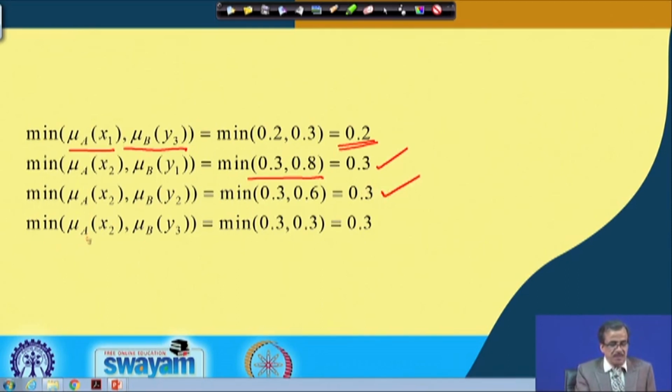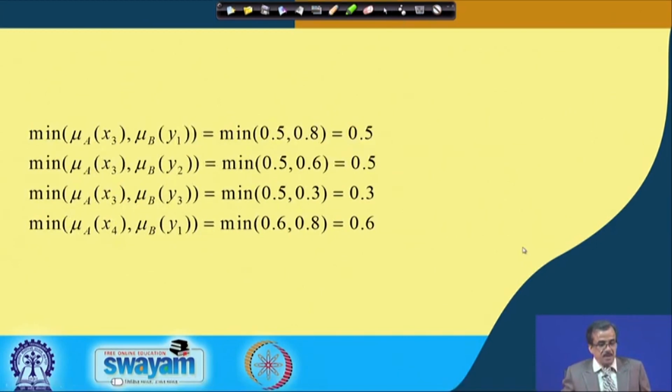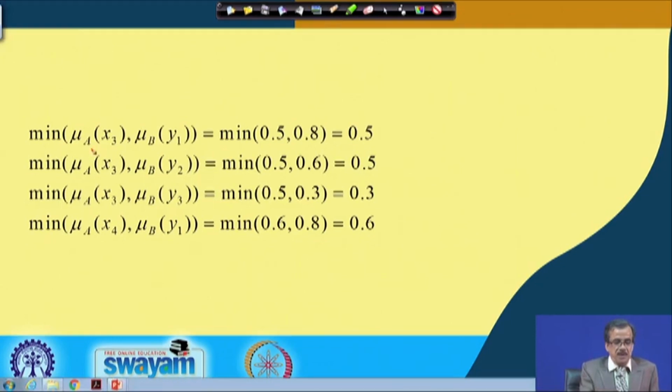The next is the minimum between mu A(x2) and mu B(y3), that is between 0.3 and 0.3, and the minimum is 0.3. Next we find the minimum between mu A(x3) and mu B(y1), that is between 0.5 and 0.8, and that is 0.5.